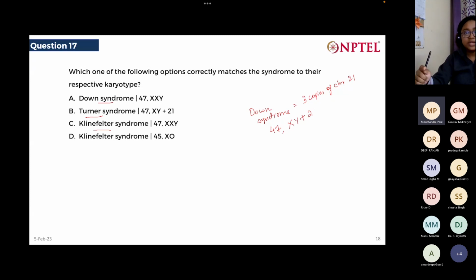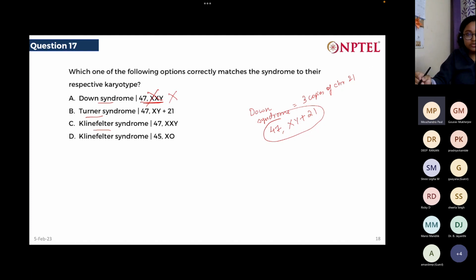That person has one extra copy of chromosome 21. So for this option A, it is not the case. Down syndrome has this type of representation of the number of chromosomes. It is not this. So option A is not correct.